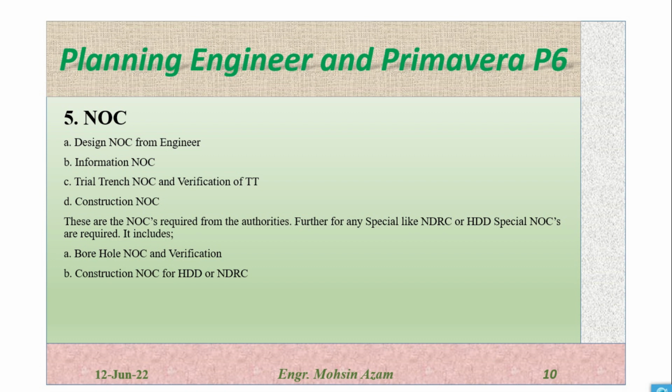In the trial trench NOC, first of all we will propose the trial trenches based on the existing conditions, and after approval of the trial trench NOC we will proceed with the trial trench execution. After execution, verification will be done by the authorities, and based on the trial trench verification and the shop drawings which we will submit.